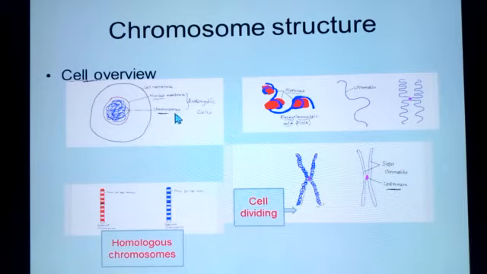Now, the chromosome is the genetic material. Actually, it's referred to as a vehicle of heredity, a vehicle of heredity. The reason being, it carries the genetic matter. Now, the genetic matter in this case is the DNA, deoxyribonucleic acid. Remember, the DNA forms part of the nucleic acids together with the ribonucleic acid.